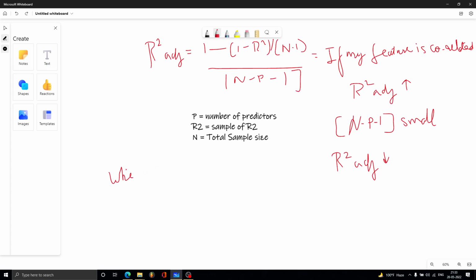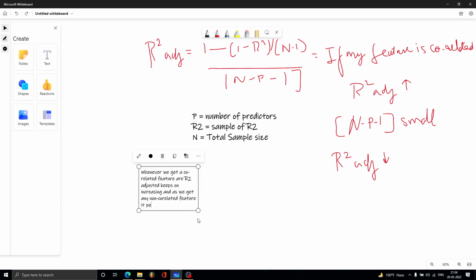Just remember this thing: whenever we get a correlated feature, our R square adjusted keeps on increasing, and as we get any non-correlated feature, it penalizes, and R square adjusted starts to decrease.